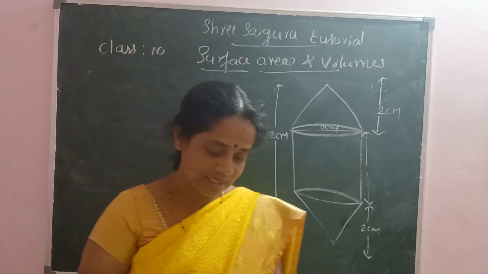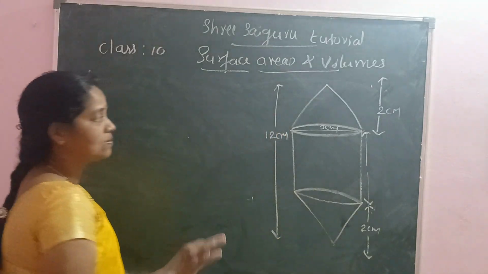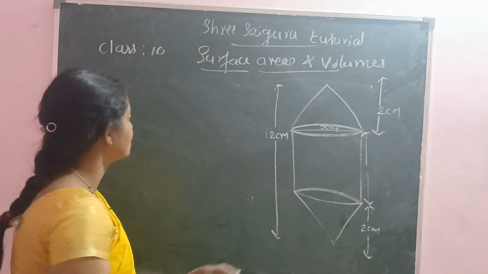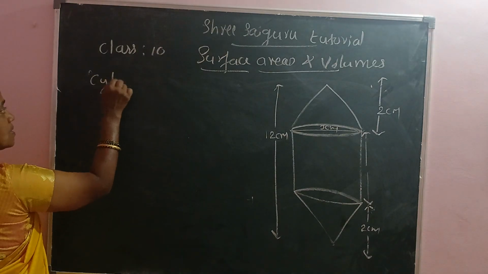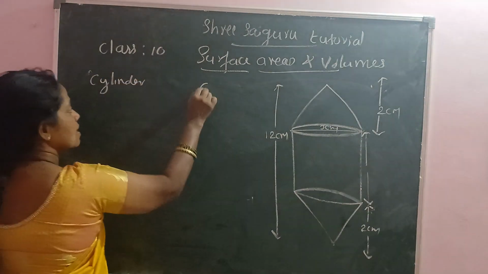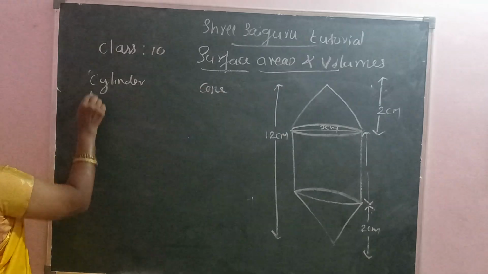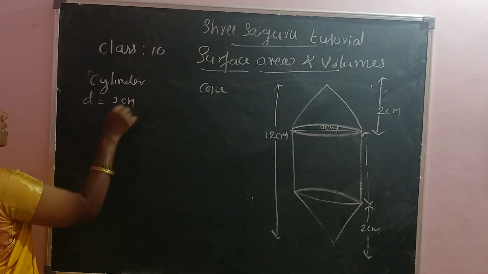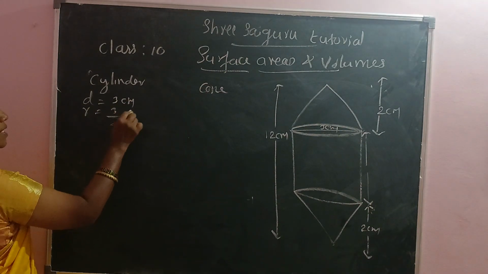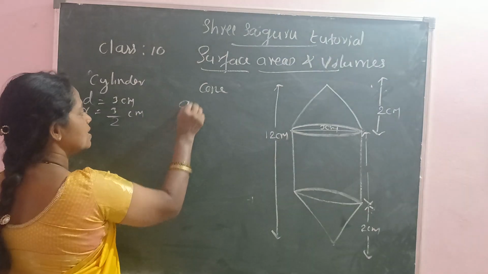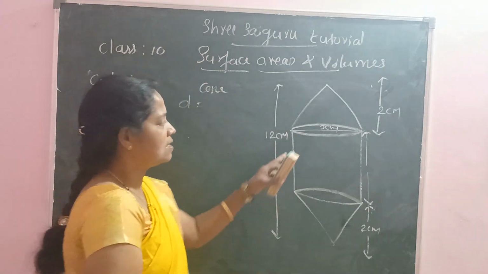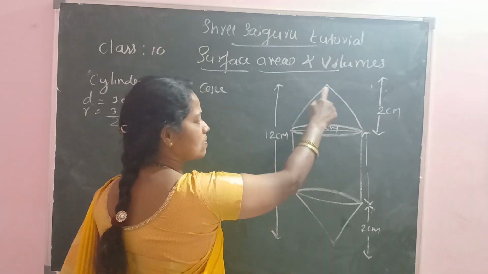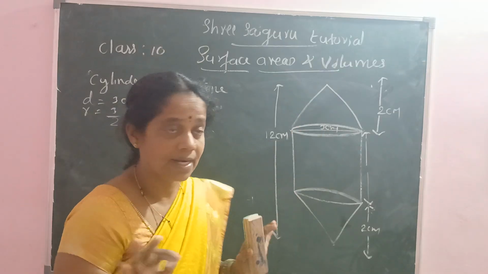So we have to calculate the height of the cylinder also. Before starting this problem, we have to write everything that is given in the question. In case of the cylinder and cone, the diameter of the cylinder is 3 centimeter and the radius is 3/2 centimeter. Similarly, the diameter of the cone is the same, because the cone and the cylinder are combined there.